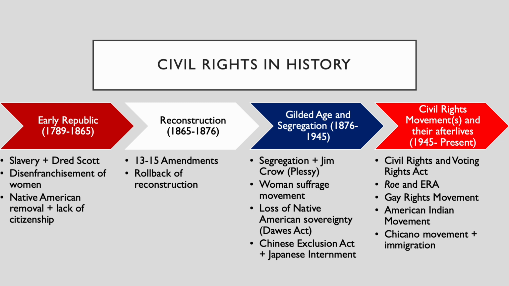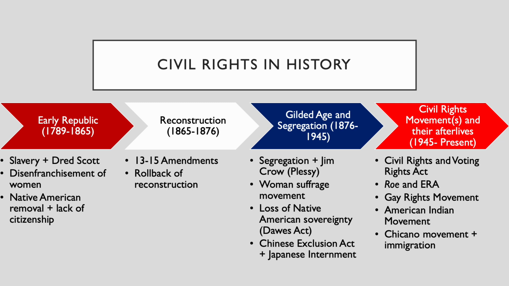The Chinese Exclusion Act was upheld by the Supreme Court, saying that the federal government can impose racial restrictions on immigration. Japanese Americans were forced into internment camps during World War II out of claims of national security, and the Supreme Court in Korematsu versus United States upheld Japanese internment as constitutional.